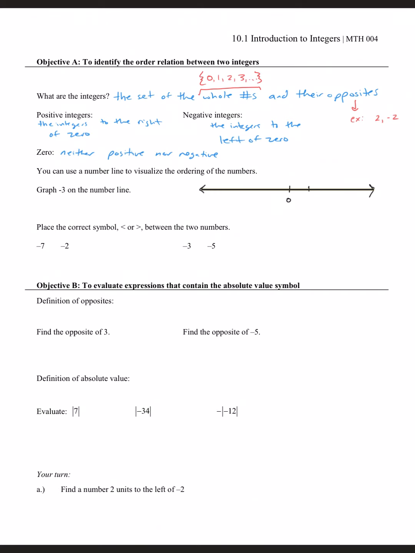I'm just going to count by 2's to make it a little bit easier: 2, 4, 6, 8. And then we have our negative integers to the left of 0: -2, -4, -6, -8.